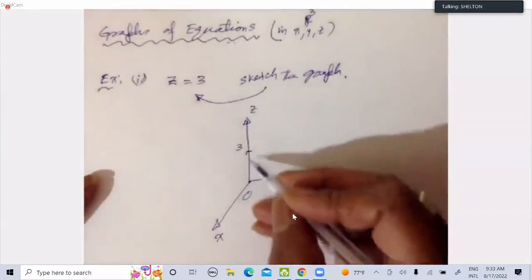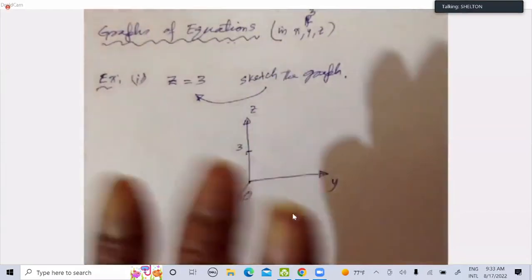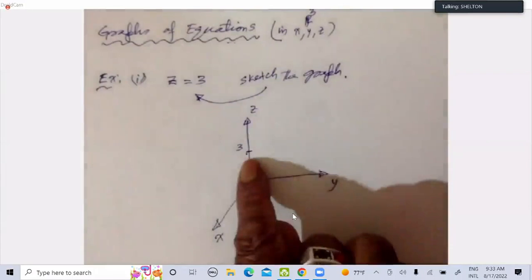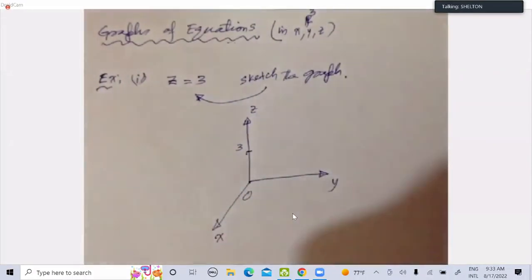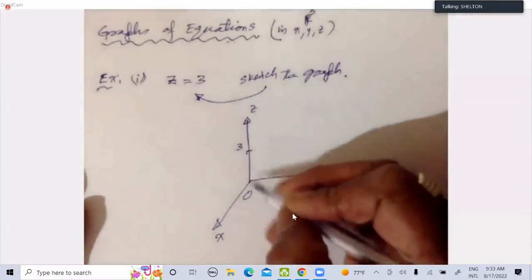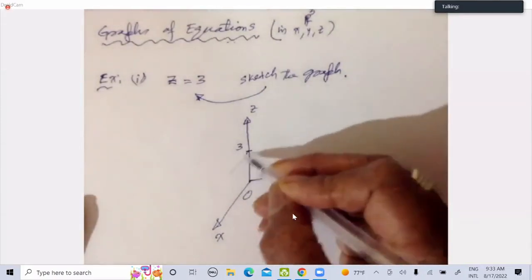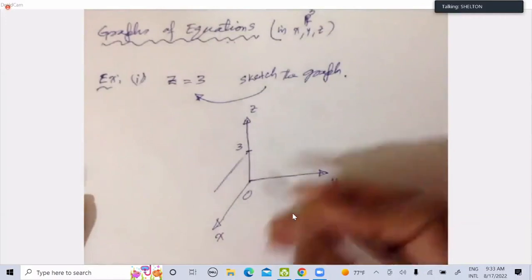So what you do is, there is a plane. Draw the plane parallel to the xy plane, horizontal plane, through the origin. Now draw it through the point 3. Draw a line parallel to this.